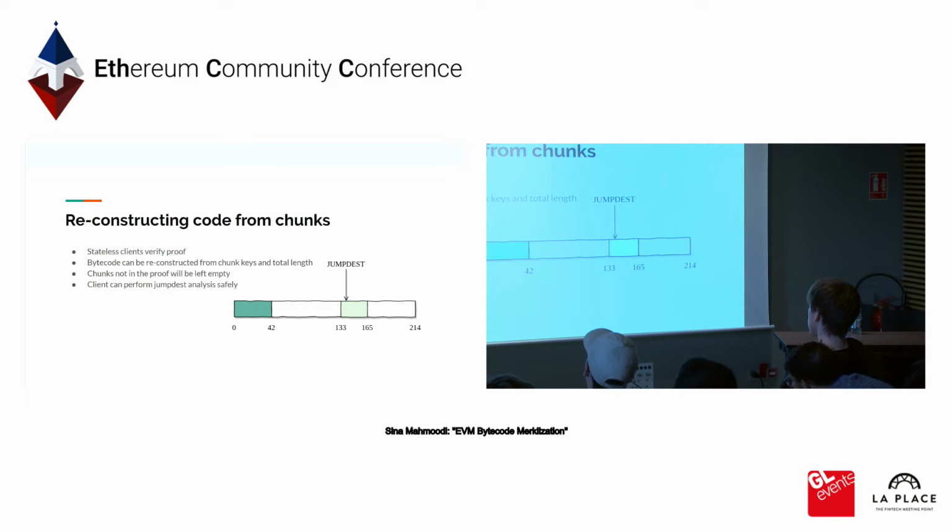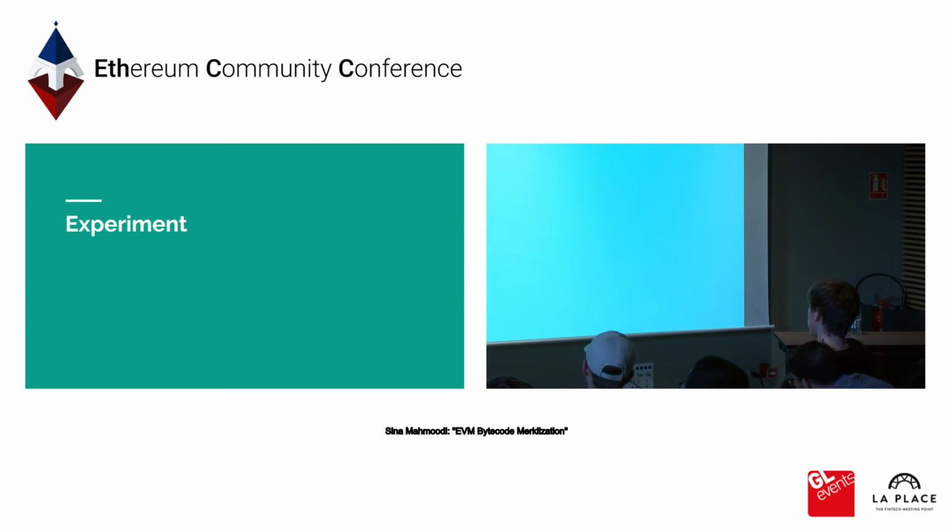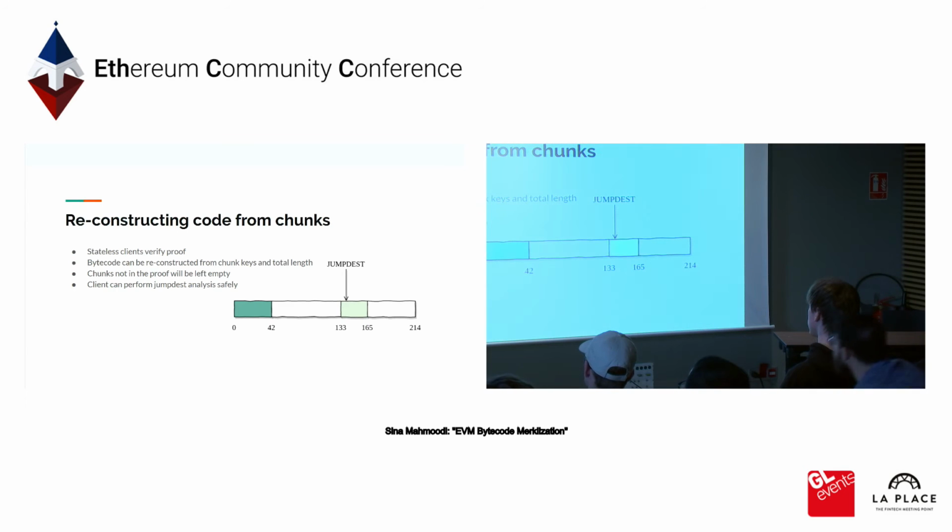And it can do jumpdest analysis safely because it knows that every chunk starts with a jump dest. So a stateless client can receive only those parts that were necessary and still execute the transaction safely.